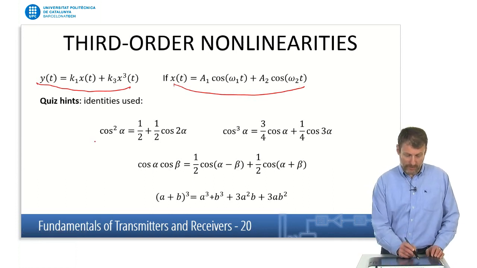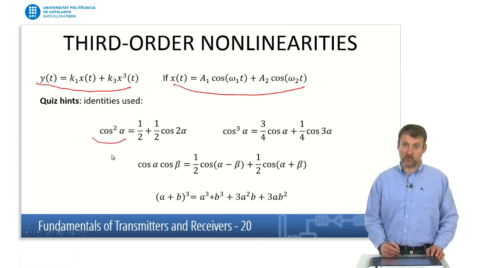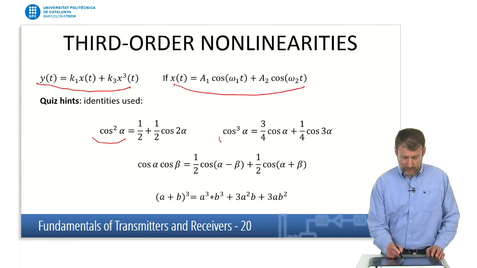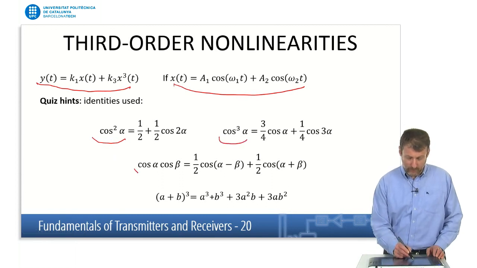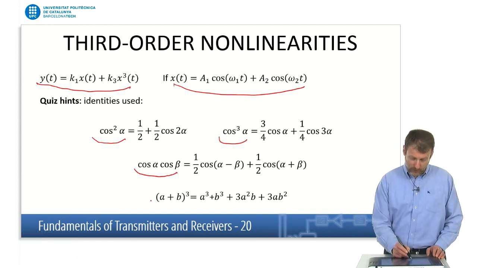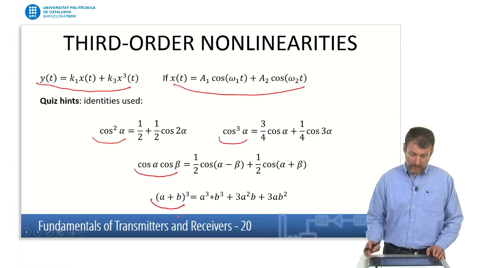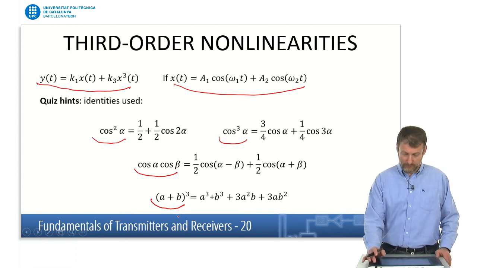And the identities are the trigonometric identities for the cosine square, the trigonometric identity for cosine cube, the trigonometric identity for the product of two cosines, and the polynomial expansion of the cube of the sum of two terms. Those are well-known equations that you know, but I put them here to remind you.